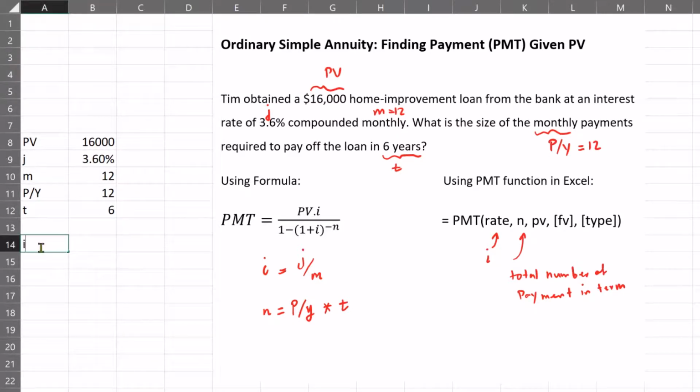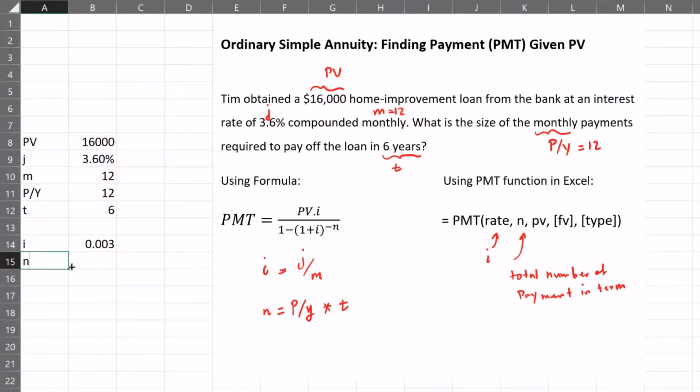Next, the periodic interest rate is the ratio of J, the nominal interest rate, and M, the number of compounding periods. Because we're going to be using division here, we need to use the equal sign first. Now J is in B9, so we click on B9, use a slash for division, and then click on M. You press enter, and it calculates the interest per compounding period.